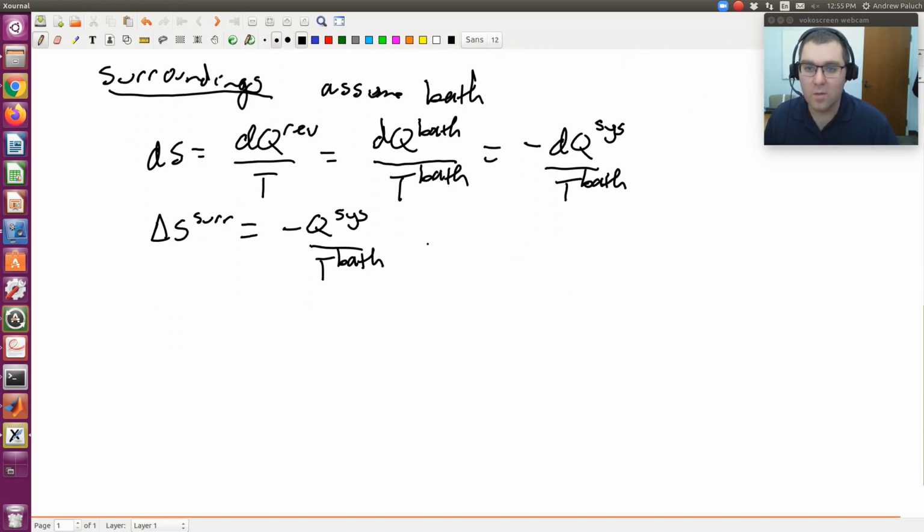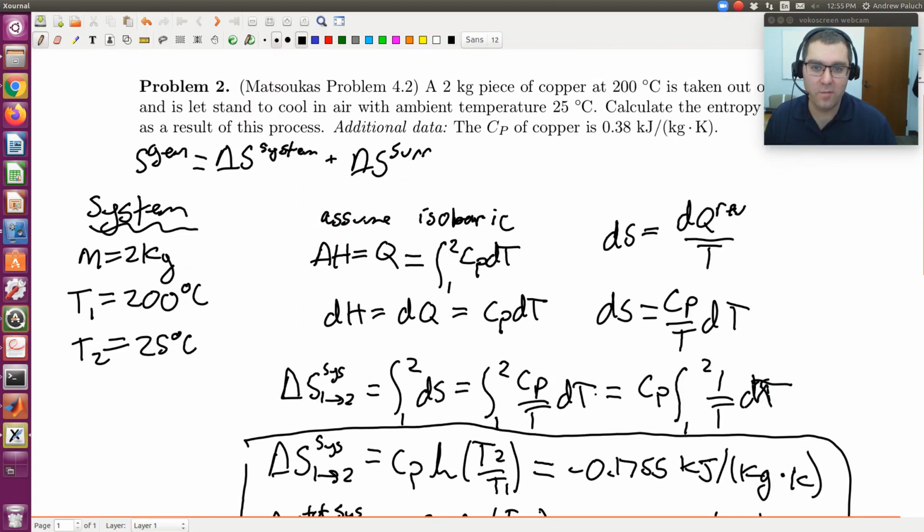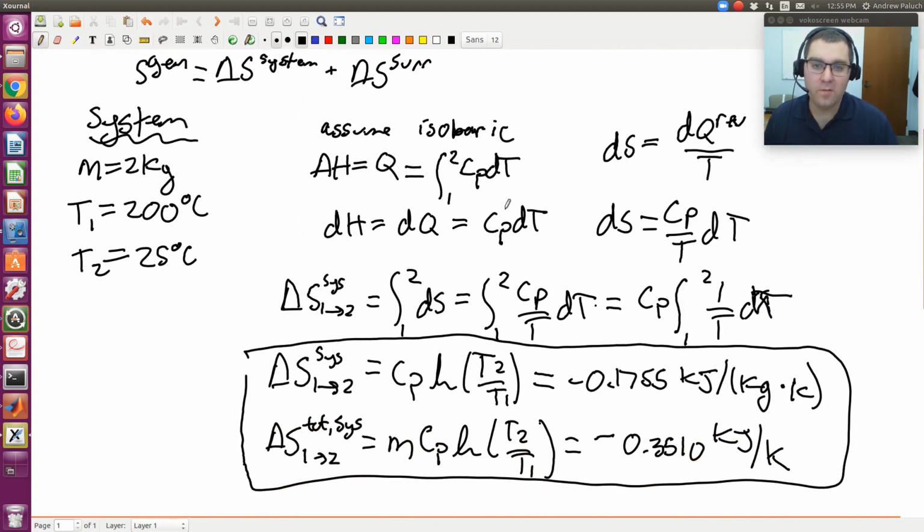Well, what is Q for my system? We already essentially cooked up the formula up here. If we assume that we have an isobaric process, then Q for my system is equal to delta H, which is the integral from 1 to 2 of Cp dT.